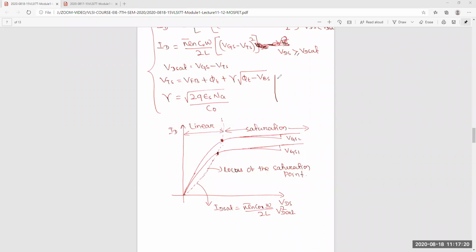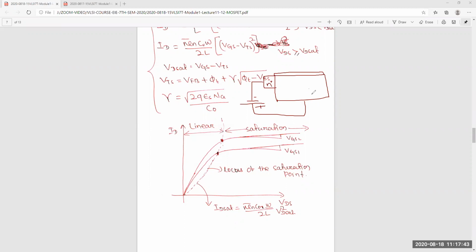I'm clarifying that point. Suppose you are saying, this is source, N plus, this is bulk, and you will connect like this: this is positive, this is negative. What happens?